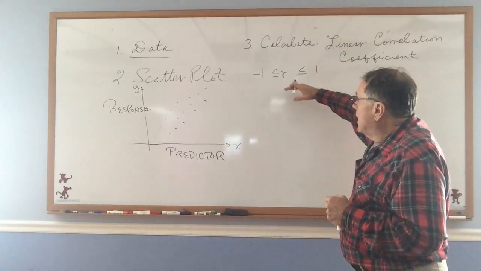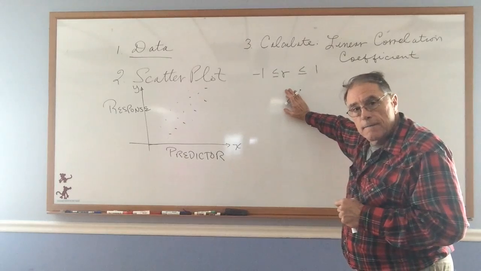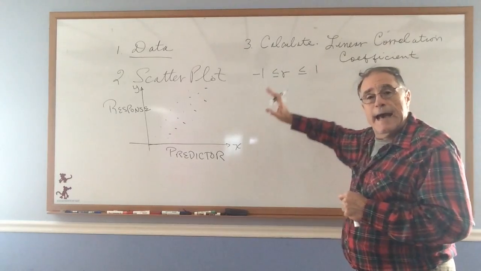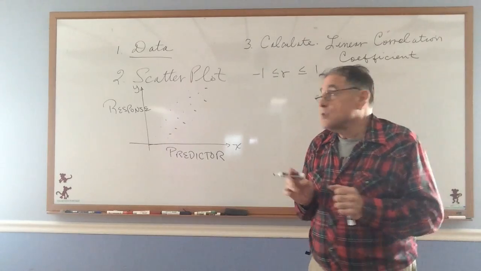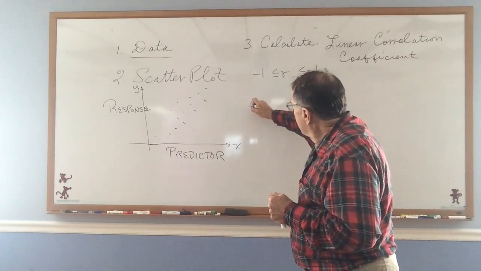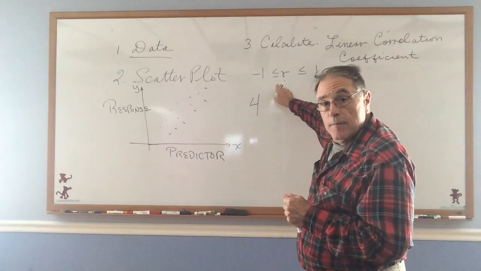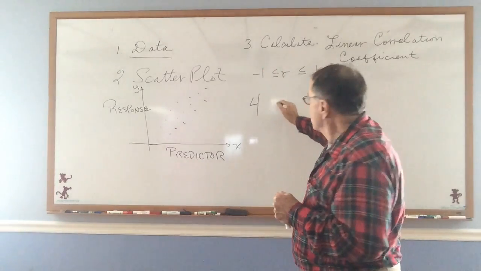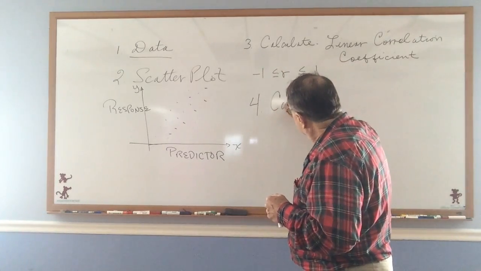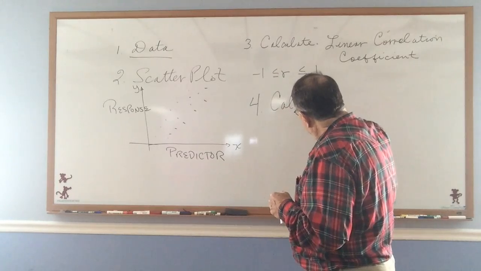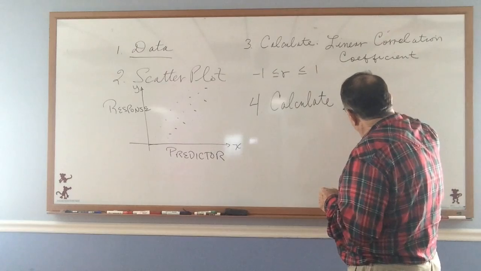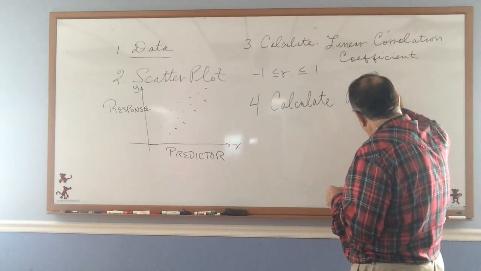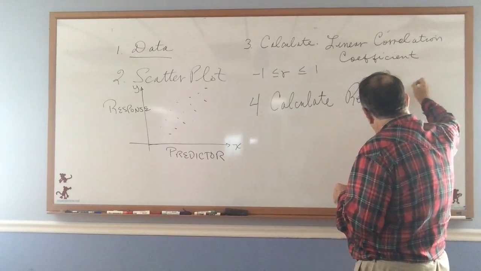If we're satisfied with our value for R, then we will calculate the regression equation. So in step 4, if we are satisfied with R, we'll use R to calculate the regression equation.